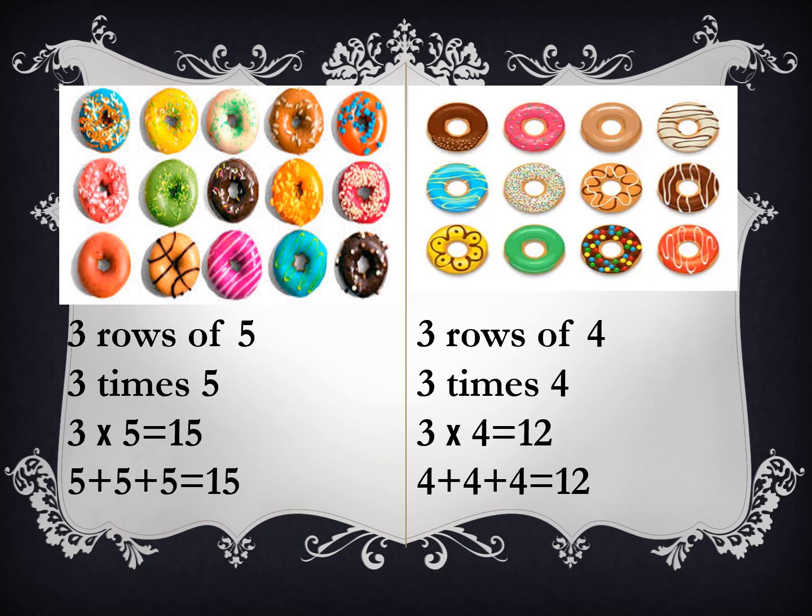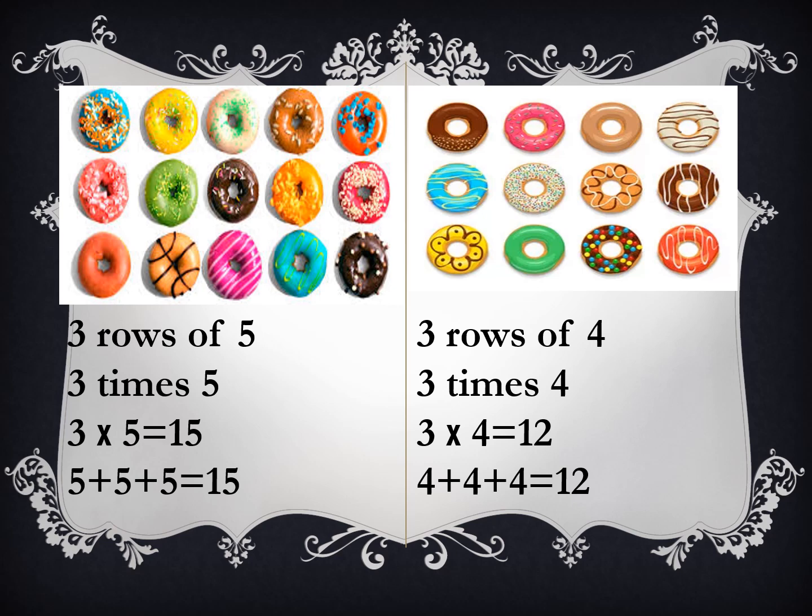We have 3 rows of 5 or 3 times 5 or 3 multiplied by 5. We can use repeated addition and say 5 plus 5 plus 5. Can you add and say the sum? Excellent, they are 15. 3 multiplied by 5 equals 15.